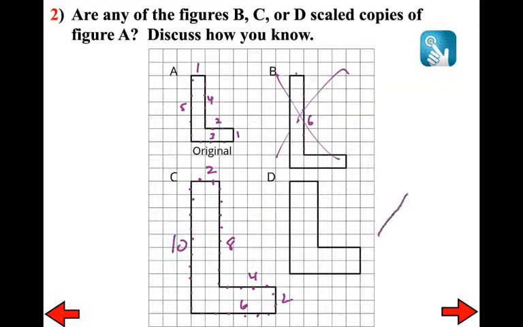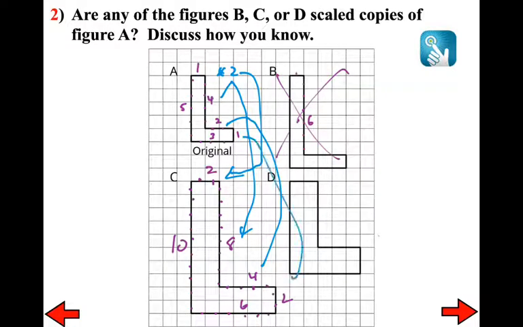So it's looking like perhaps if we multiply each side by 2, it might be. So this times 2 is this. This times 2 is this. This times 2 is this. This times 2 is this. This times 2 is this. And this times 2 is this. So yes, figure C is.